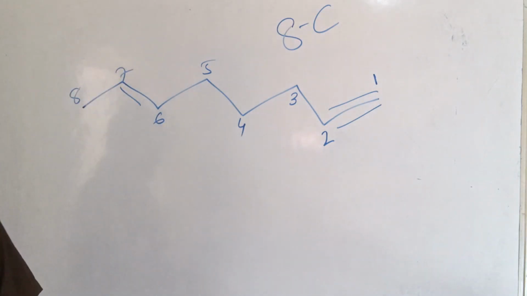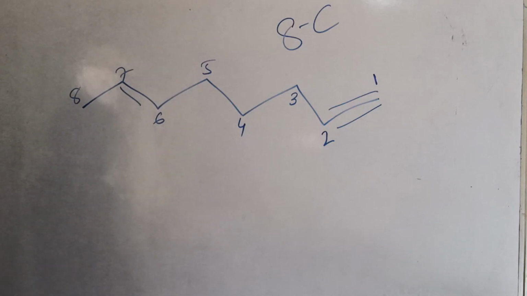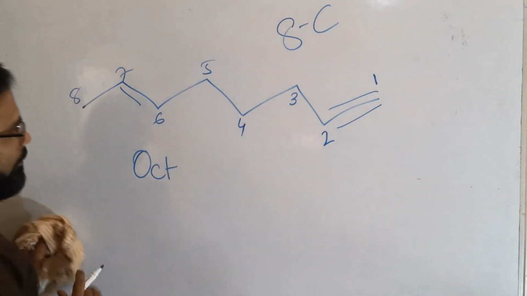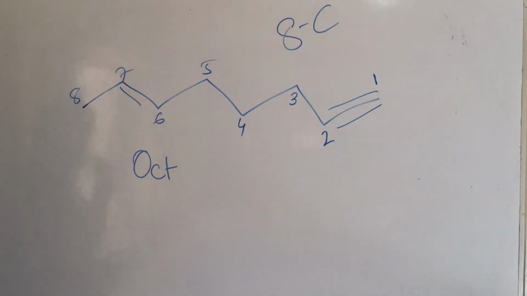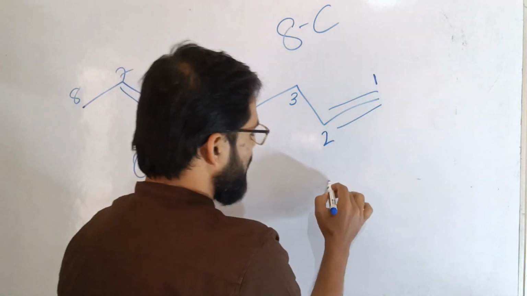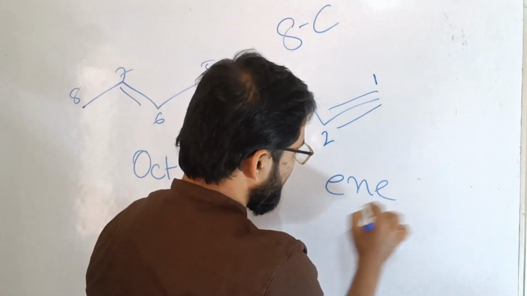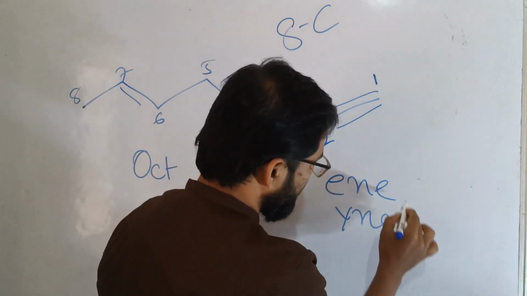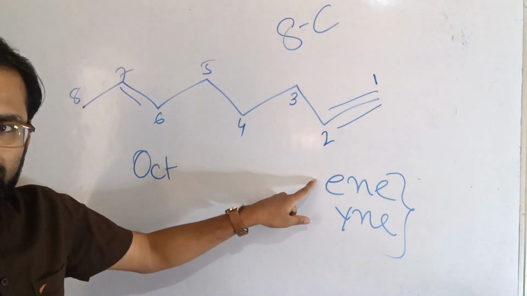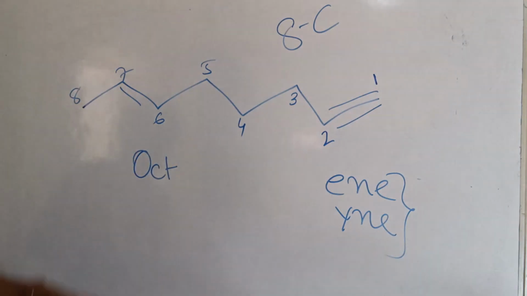So what will be the name? Oct, then 'en' and 'yne', a double bond and a triple bond. So alphabetically which one is preferable? E, so 'en'. Which position? 6th position.